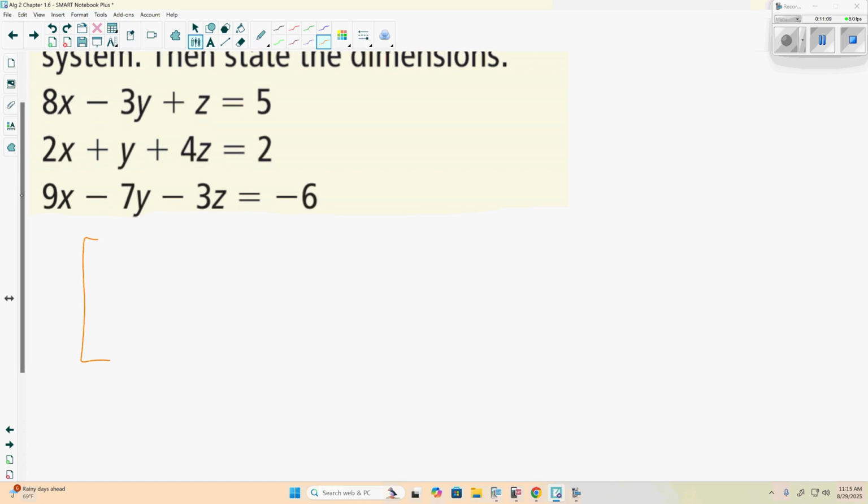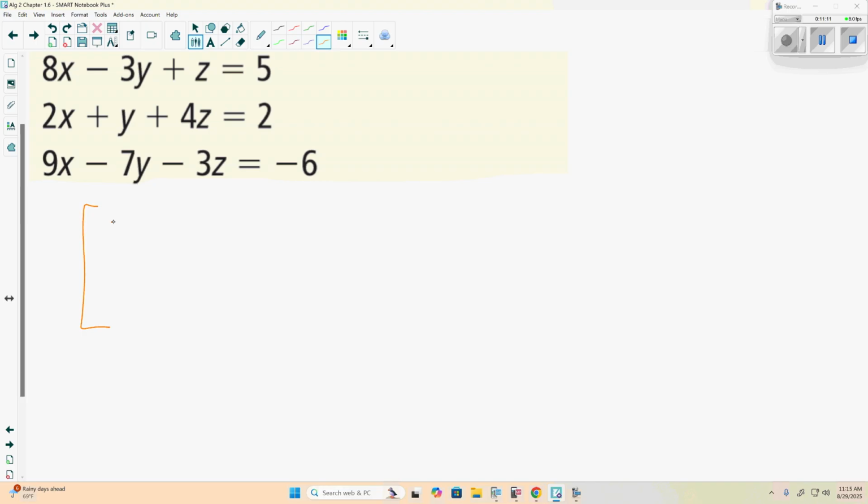So our first row would be what? 8. Then we'd have 2, 4, 2, 1, 4, 2. 9, -7, -3, -6. What are the dimensions? 3 by 4.